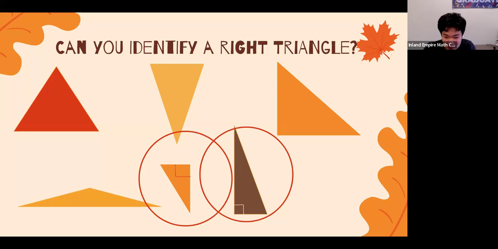When we use formulas that only work on right triangles, we have to be absolutely sure it's a right triangle. If we don't know for sure if it's 91, 89, or 90, then we have to say it's not necessarily a right triangle. The only way we can be sure is if it has that little square.